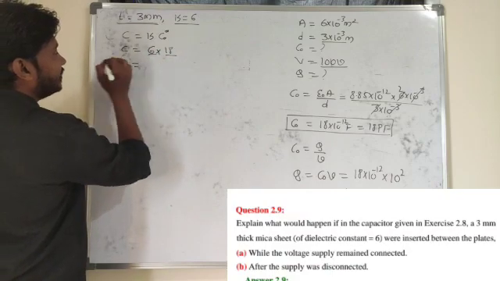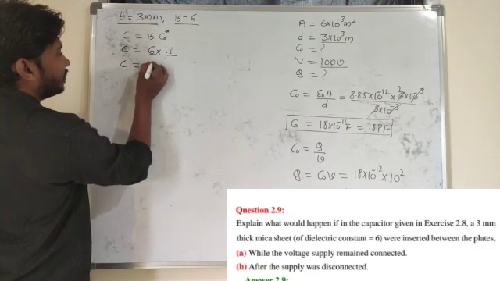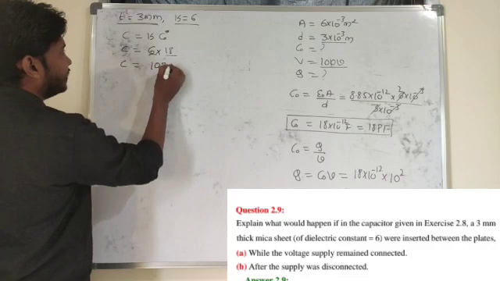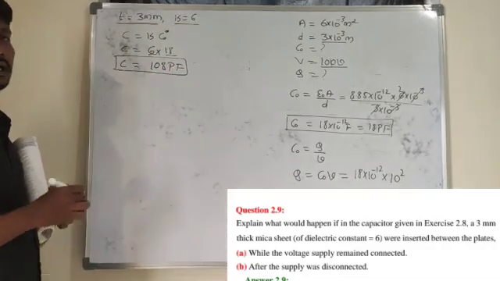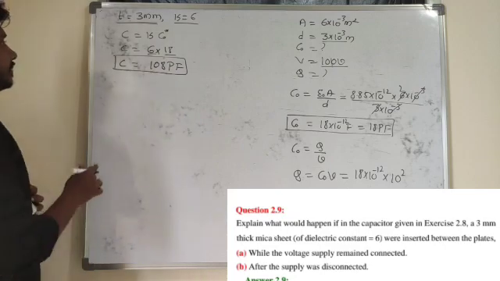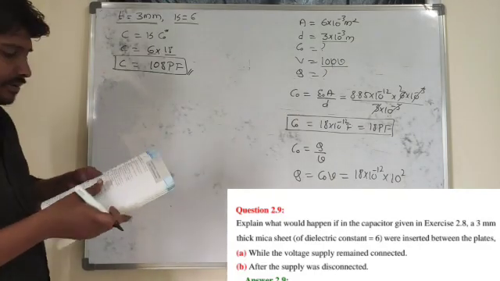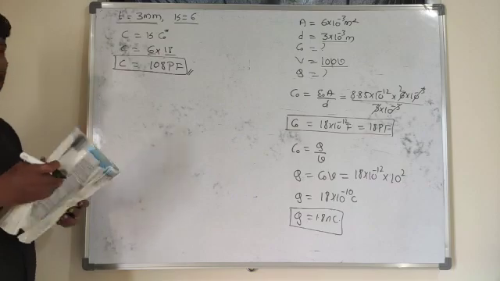So 18 into 6. So that is around 108. So 18 into 6 means 108 picofarad here. What is that answer here? 18 into 6, so 108 picofarad here. Next one. So if the supply remains the same, this is the capacitance value here, and the charge is also the same here.